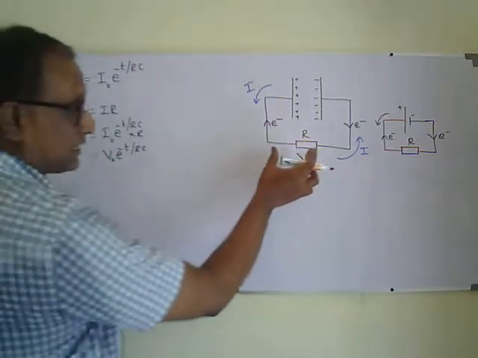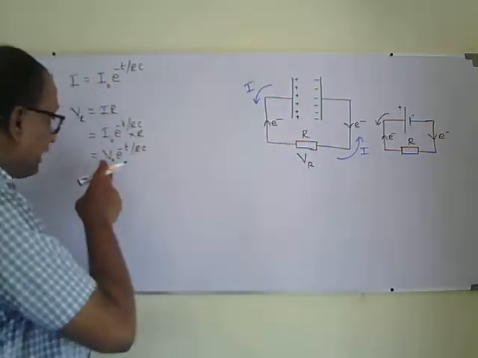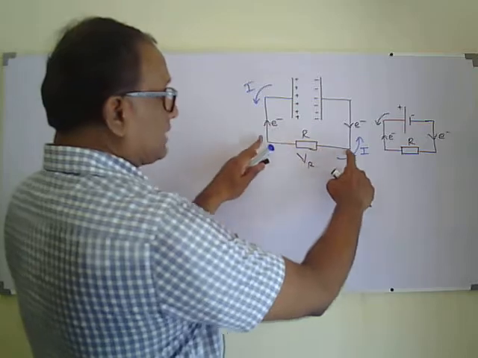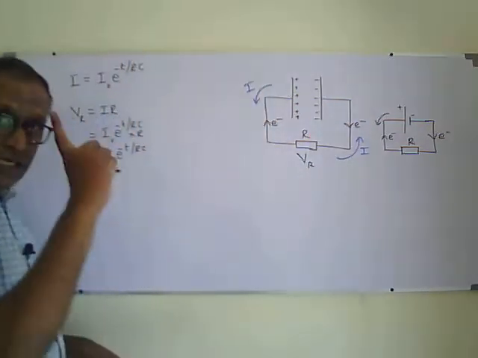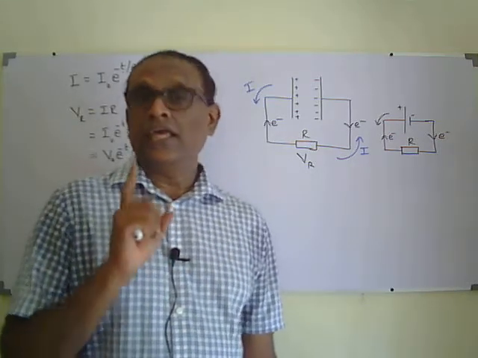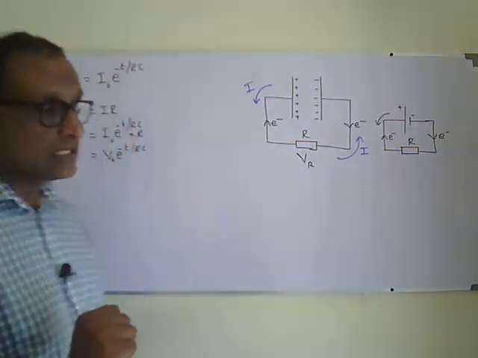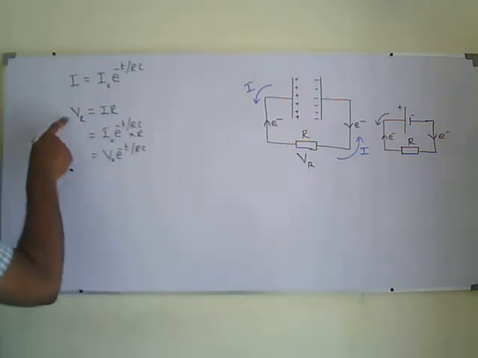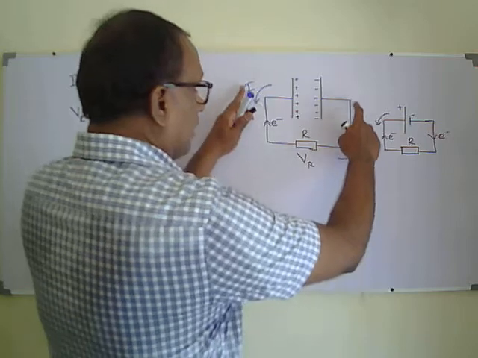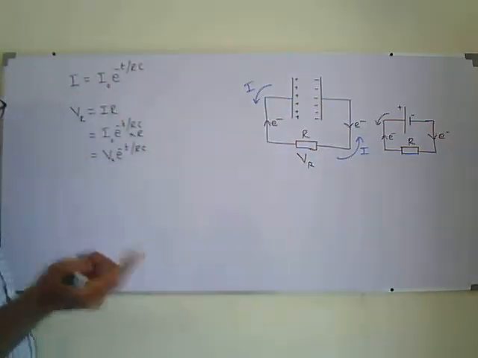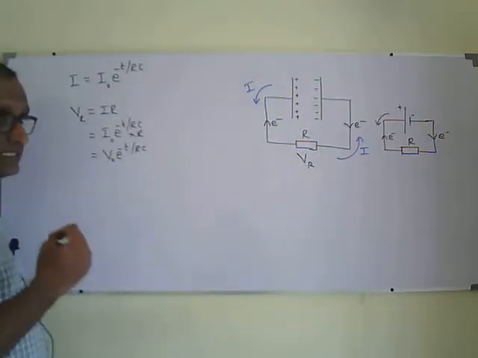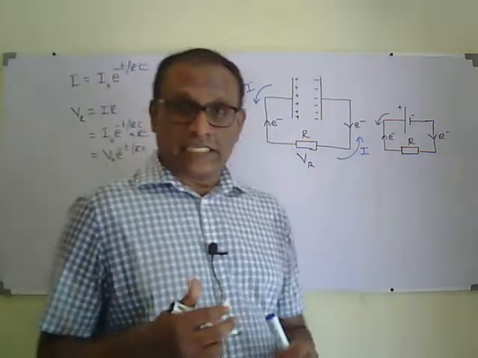The voltage across the component is the same as the voltage across the capacitor. So the voltage across the capacitor also will decrease exponentially during the discharging process.